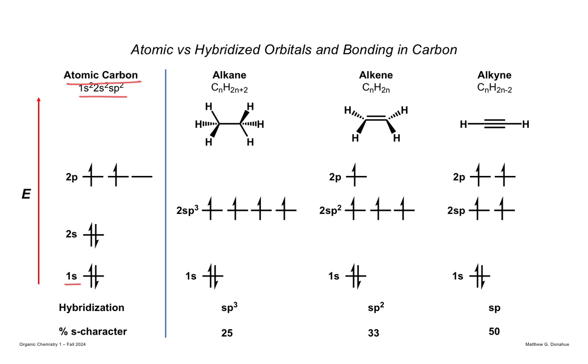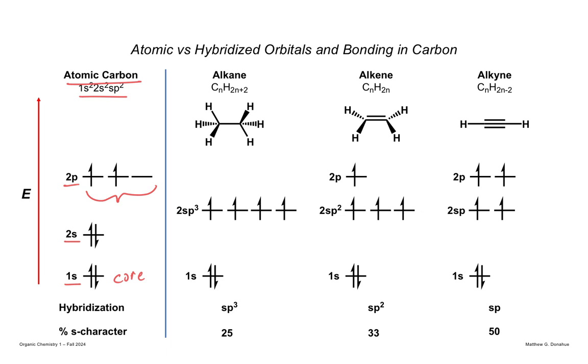So here's our 1s. That can only accommodate 2. We put them in, we spin pair them. Those are the core electrons. Now we have the 4 valence electrons. We move up to 2s. That can accommodate 2, so they're spin paired. Then we get up to the 2p.